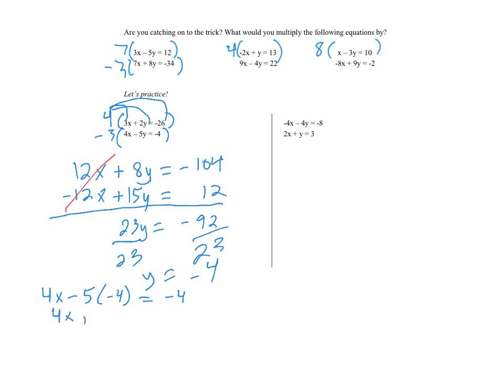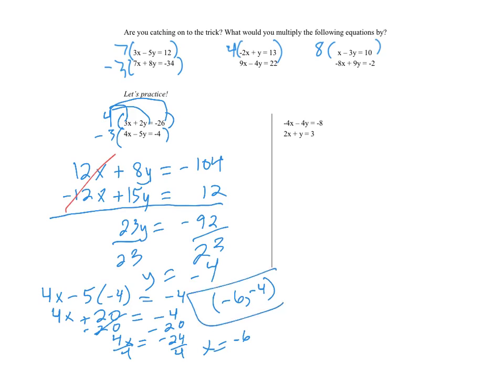Negative 5 times negative 4 is positive 20, equals negative 4. We're going to subtract 20 from both sides. 4x equals negative 24. Divide by 4. X equals negative 6. So my solution would be negative 6 comma negative 4.